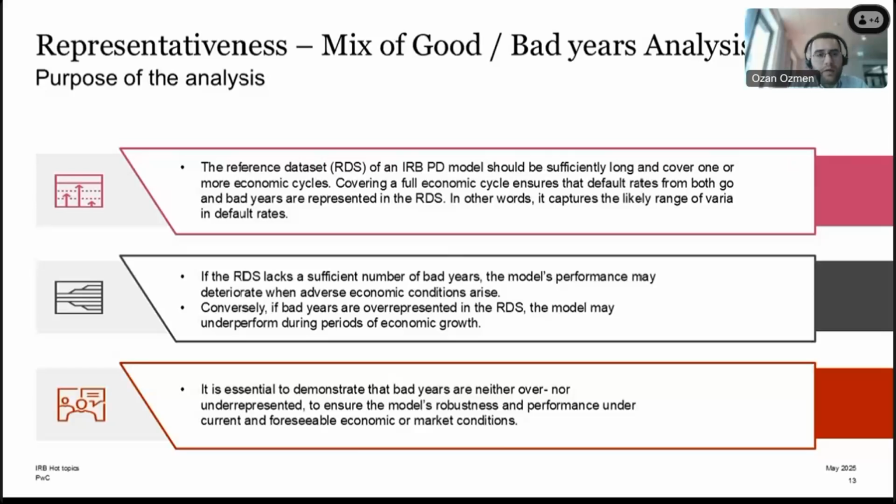Vice versa, when the model development data set includes too many bad years, when they are overrepresented, and the model is developed based on such a data set, it might lead to unnecessary conservatism in the PD estimations. That's why it requires some kind of appropriate adjustment to keep the PD levels at reasonable levels. So this is roughly the purpose of this analysis.